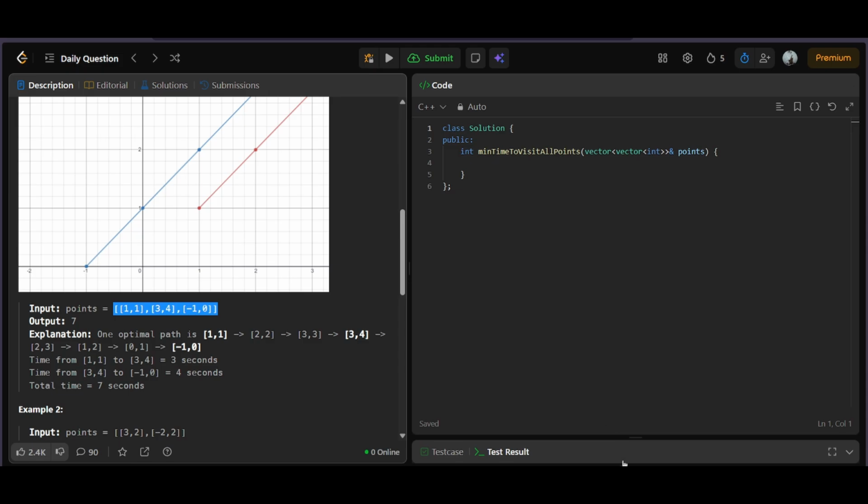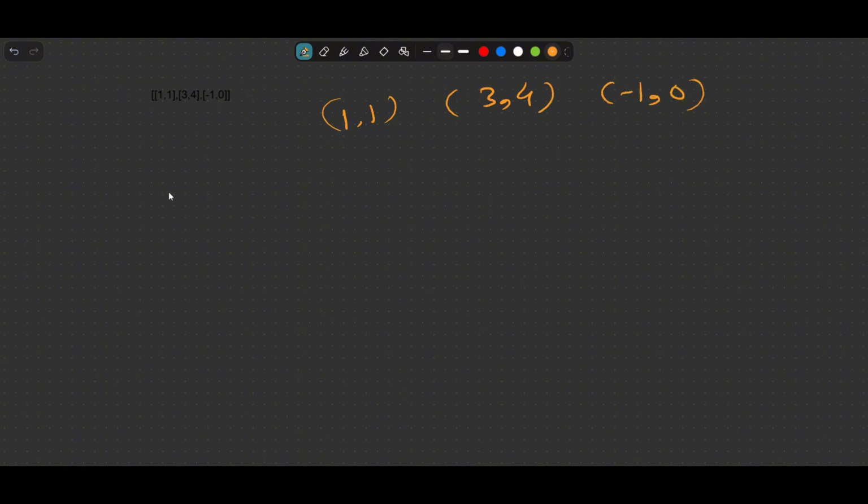So let's see this on the whiteboard, right? So these are the points. If you can see clearly, the points are 1 comma 1, 3 comma 4, and minus 1 comma 0. We draw it on a number line, right?